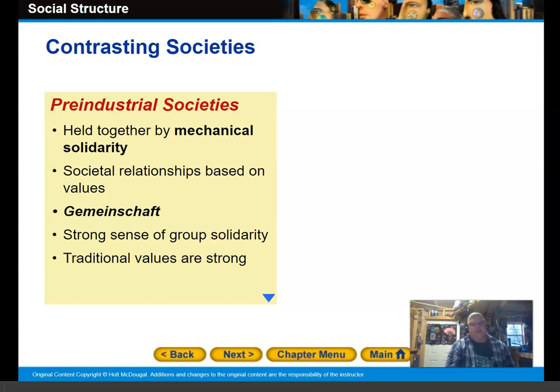Preindustrial societies are held together by mechanical solidarity. Their societal relationships were based on values, and they were Gemeinschaft; there was a strong sense of group solidarity. Traditional values are strong.